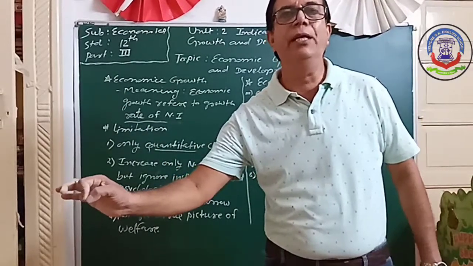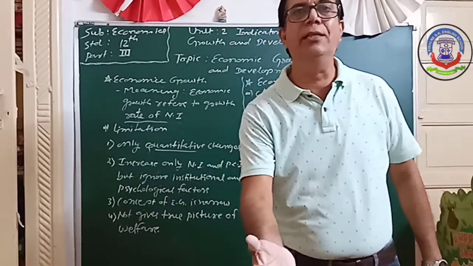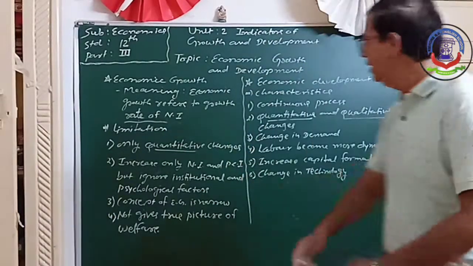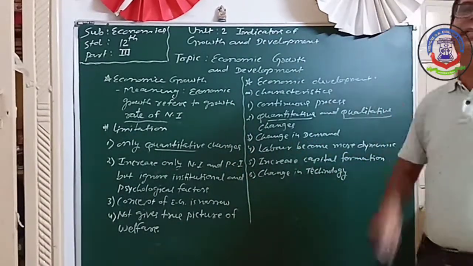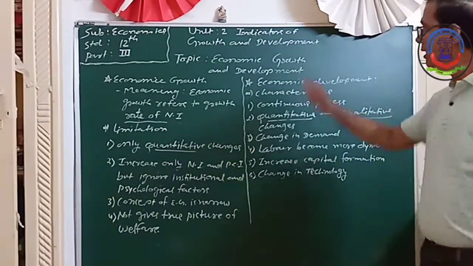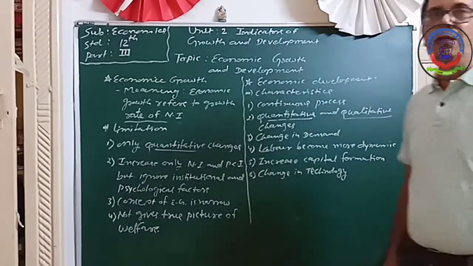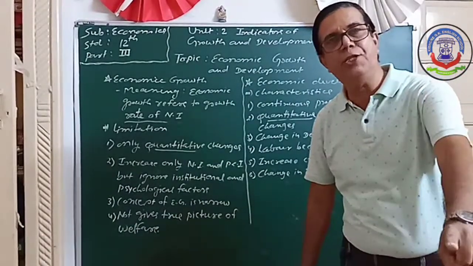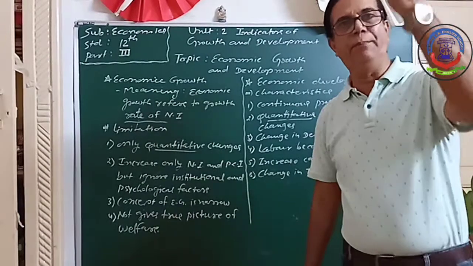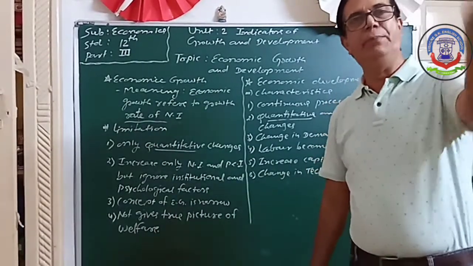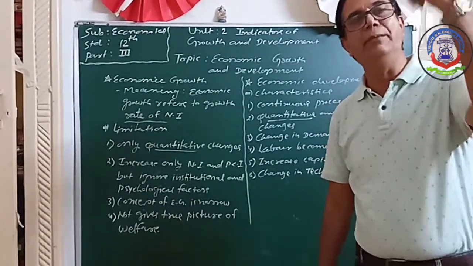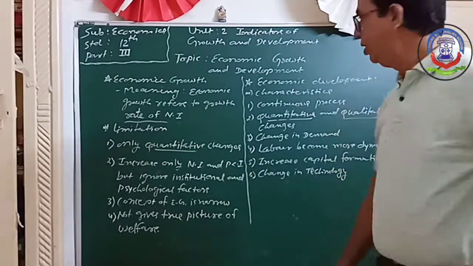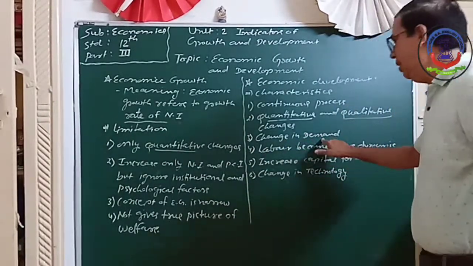If the income increases, purchasing power increases, and if purchasing power increases, that means demand increases. So in economic development, because of increase in production, opportunity of employment increases, then purchasing power increases and demand increases. So here, change in demand.